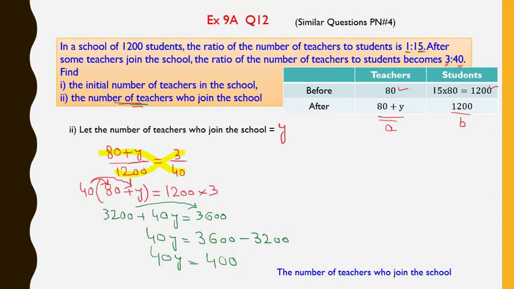Now 40 is multiplying with y, and when we shift it to the other side, it will divide. So y will be equal to 400 divided by 40. We will simplify it: 0 cancelled, 4 1 times, 4 10 times, so y will be equal to 10. So the number of teachers who later joined the school is 10. That is the answer of this question.